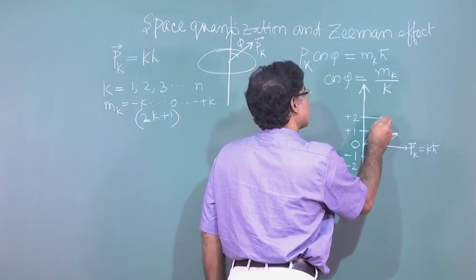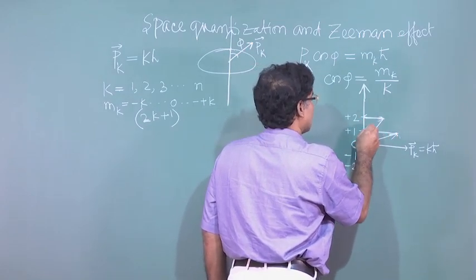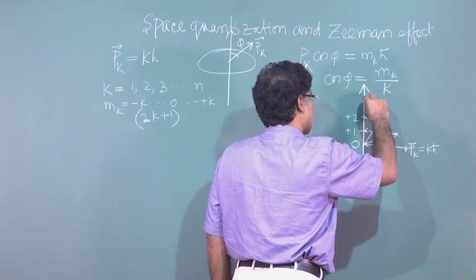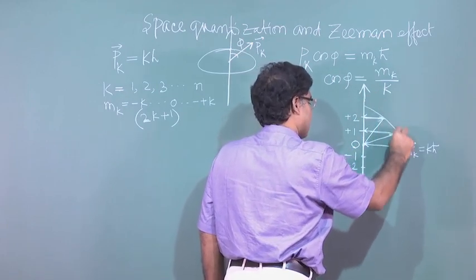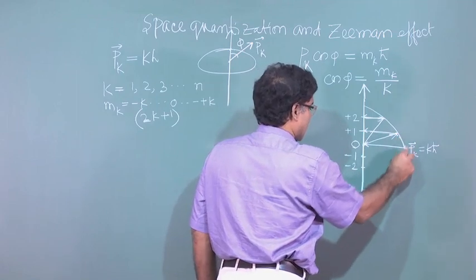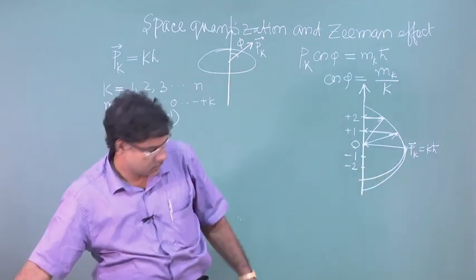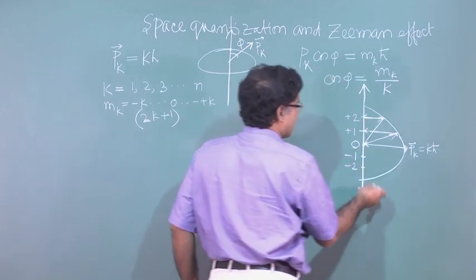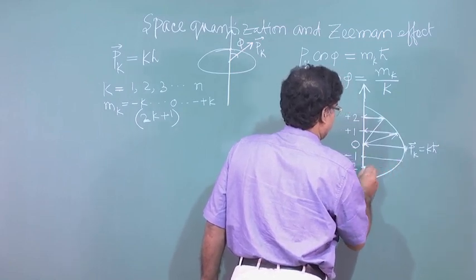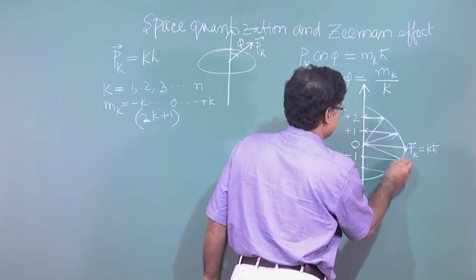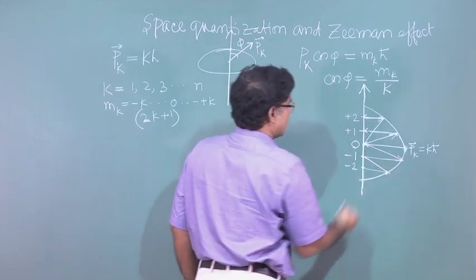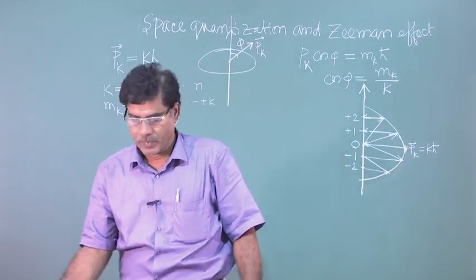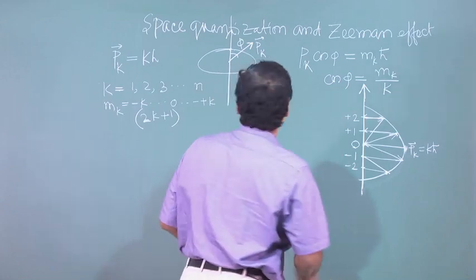I should give the projection in this direction. This type of diagram you can generally see in books to represent space quantization. So, these are the possible orientations of the angular momentum Pk in space. This is the space quantization.